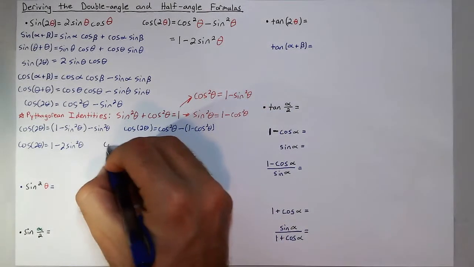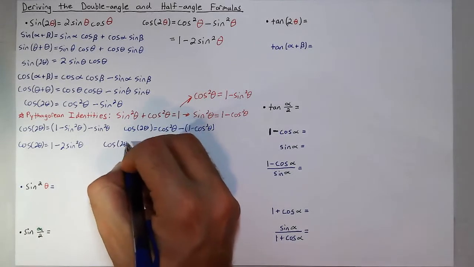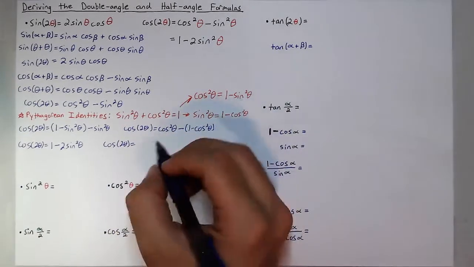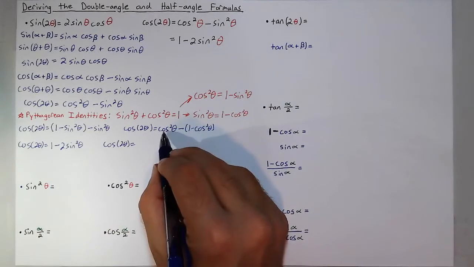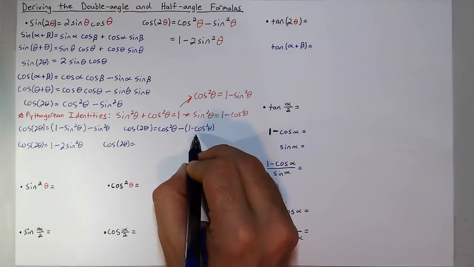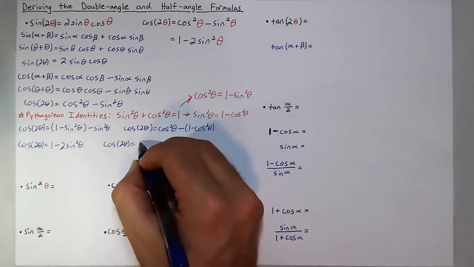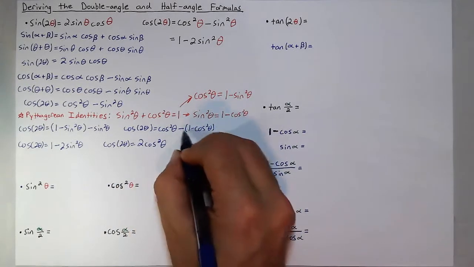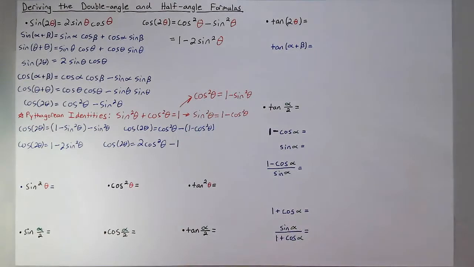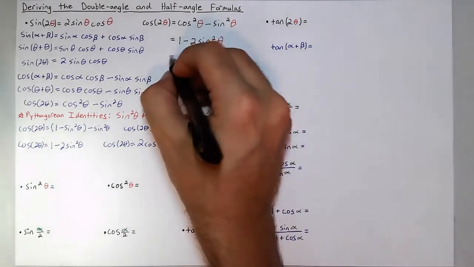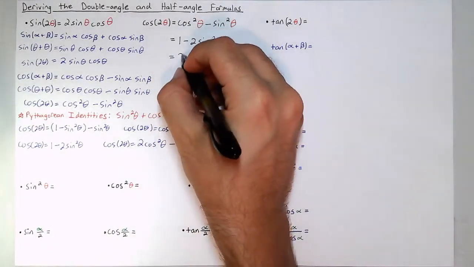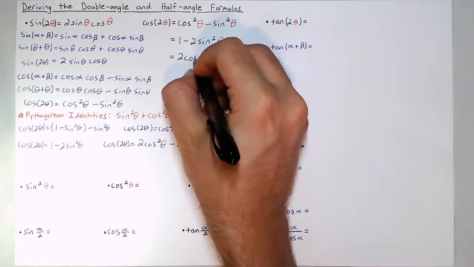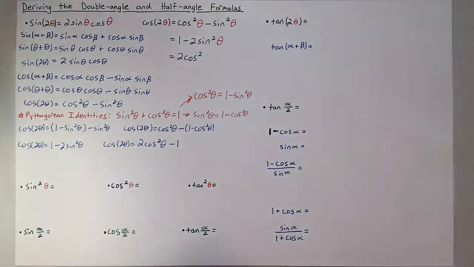Now I get that cosine of 2 theta is equal to, now we have cosine squared minus negative cosine squared, so it's a plus cosine squared. So 2 cosine squared of theta, and then minus 1. So there are 3 ways to represent the double angle formula for cosine, with the last one being 2 cosine squared theta minus 1.